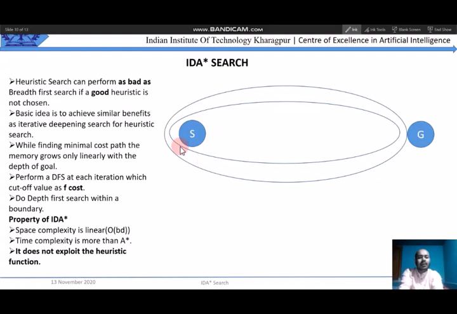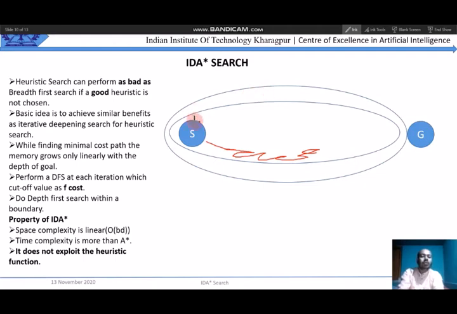the f value is only used to create the boundary, and within the boundary, DFS, depth first search, is done. If the goal is not found, the boundary will increase to the next level with the next minimum f value.